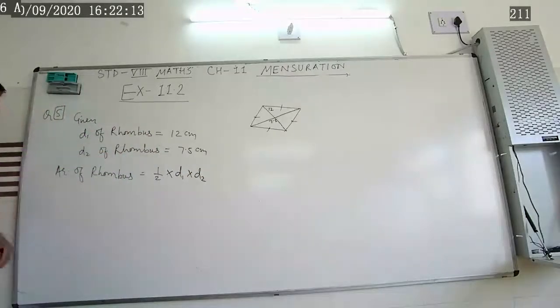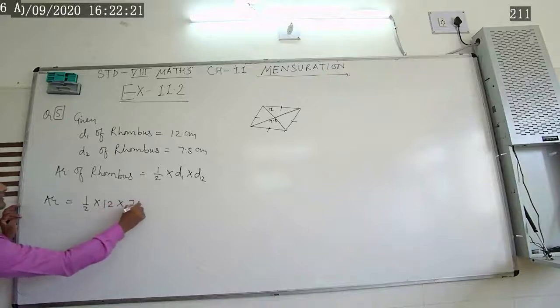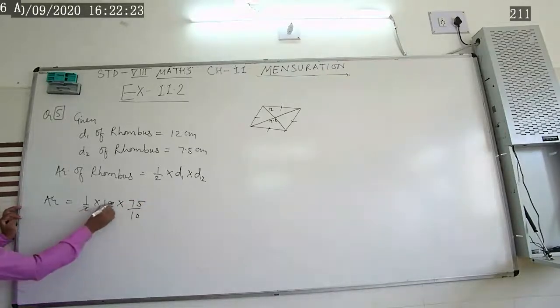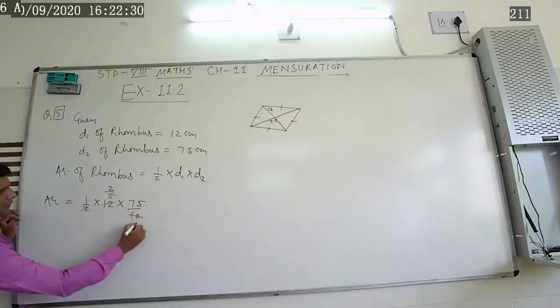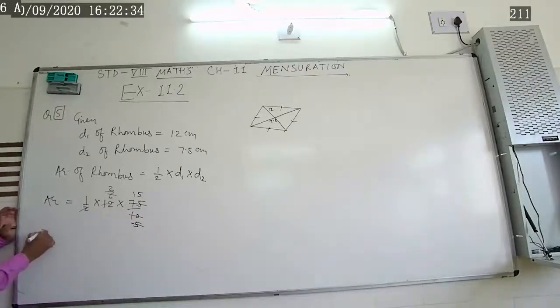This is the formula for the area of the rhombus, that is equal to 1 by 2 into 12 into 75 by 10, which is equal to 45 centimeter square.